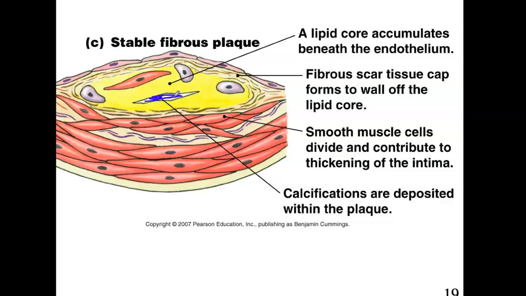But in a way, it's almost good because it makes this whole lesion more stable and less likely to erupt and form a clot. So this is going to allow it to become more stable. This is what it's looking like. The smooth muscle cells divide and they make this lining thicker.